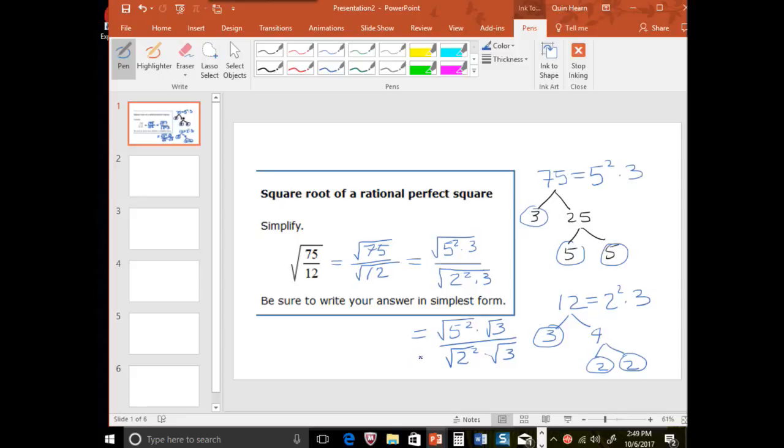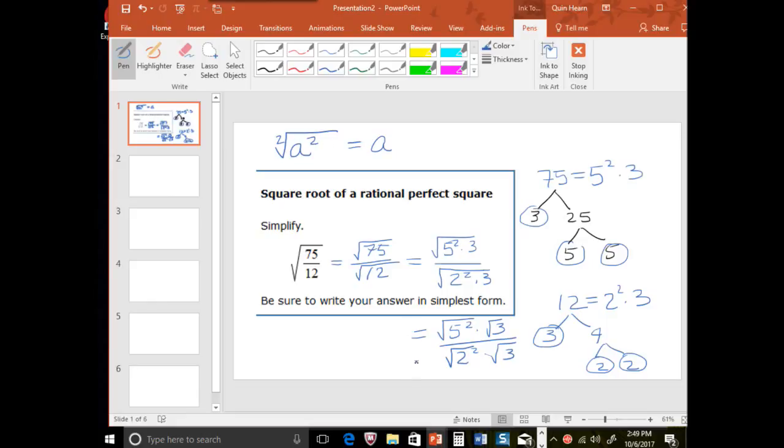Now what happens when you take the square root of a perfect square? What's the square root of 5 squared? In general, if you take the square root of any number squared, let's call the number a, and I'm going to assume a is a positive number, by the way, you're going to just get a back. It's kind of like the square root with the index of 2 cancels with the power of 2.